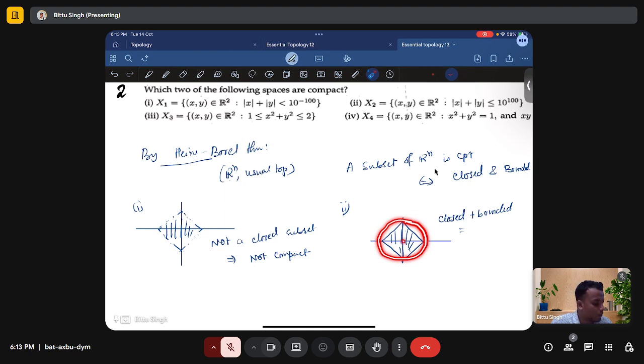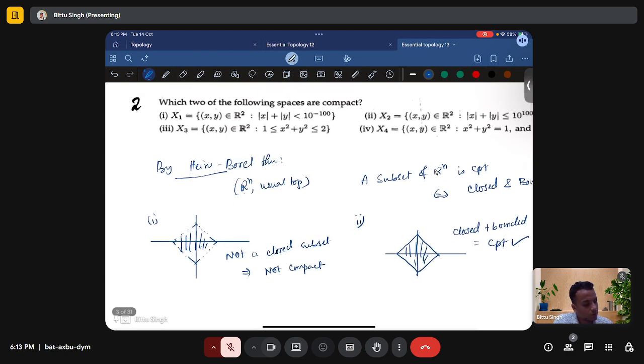If we take an open ball whose center is at the origin, then the entire rectangle is contained in this open ball. Therefore, it is bounded. So closed and bounded implies it is compact. Okay. Option 3.